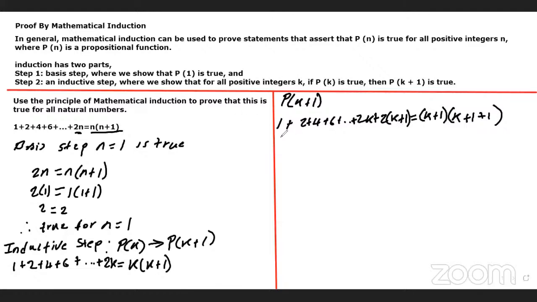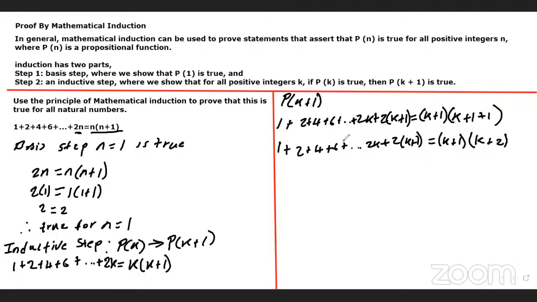And now we have 1 plus 2 plus 4 plus 6 plus 2k plus 2 times k plus 1, and that's equal to k plus 1 times k plus 2. Since 1 plus 1 is 2, it's k plus 2 here.